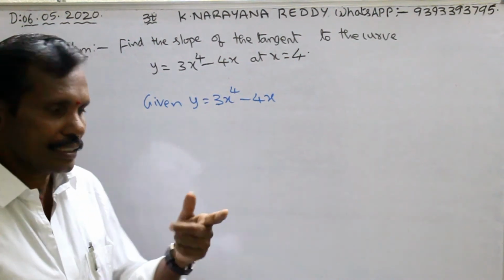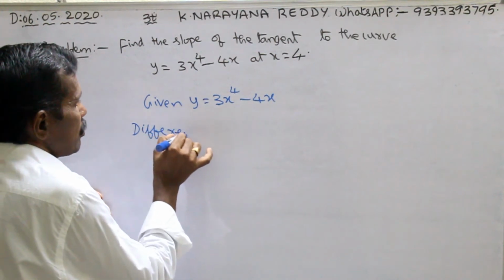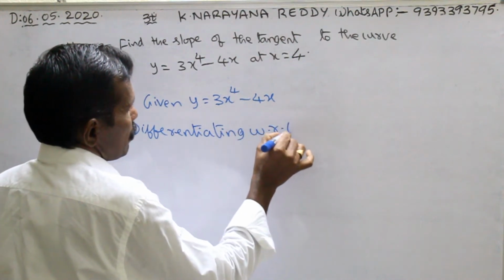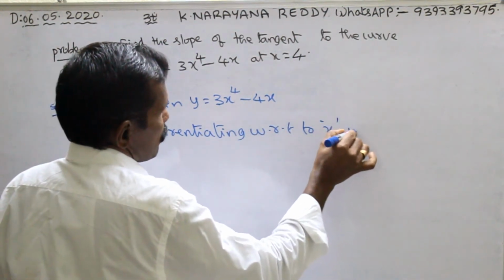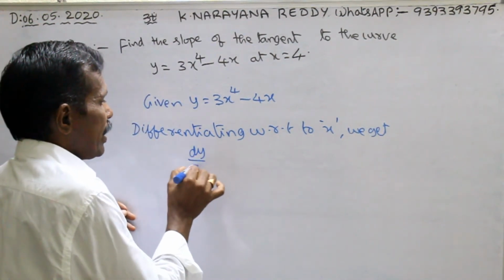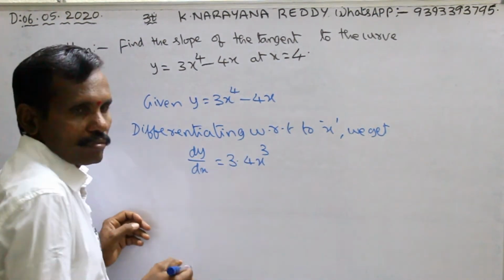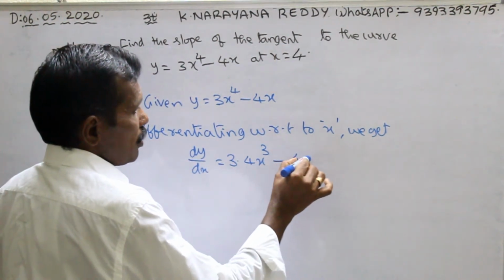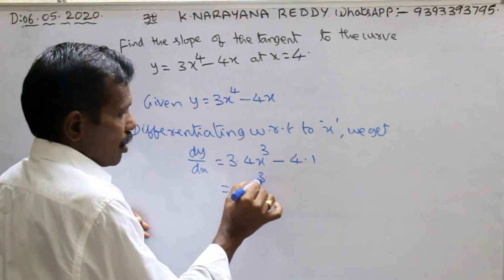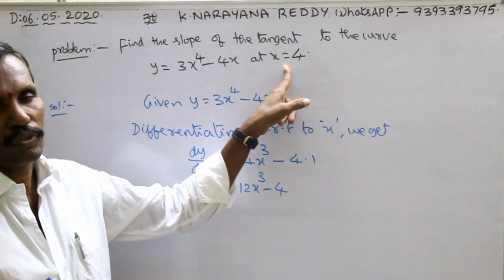Differentiating with respect to x, we get dy by dx equals 3 into 4x cube minus 4 into 1, okay, 12x cube minus 4, but we want the slope at x equal to 4.